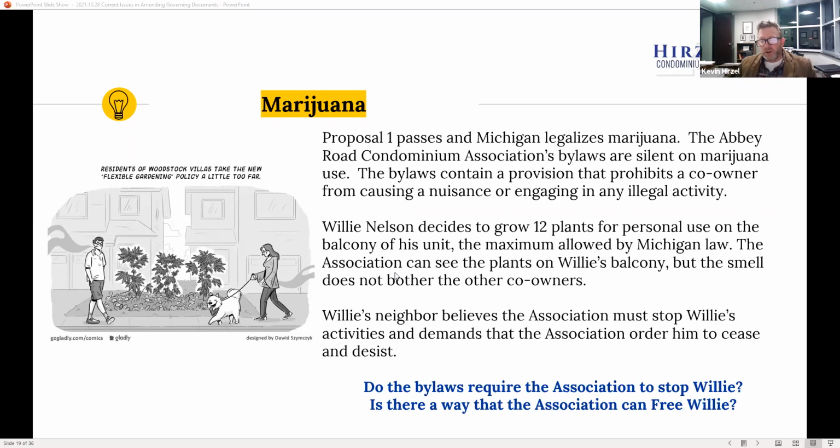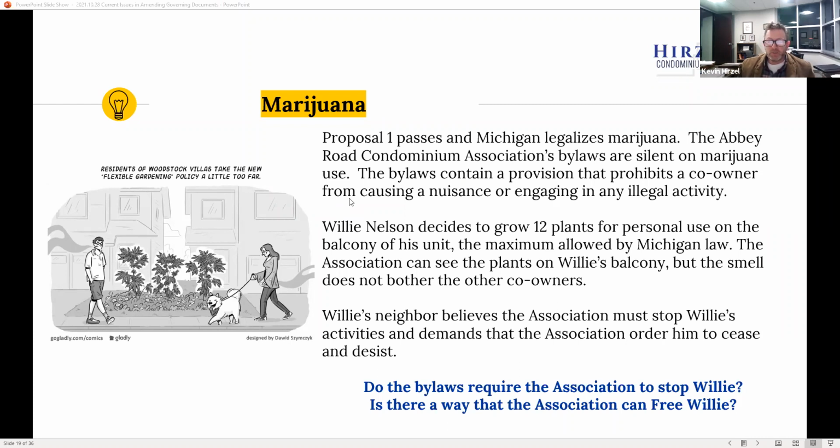The overarching question in this case is, if it is legal under Michigan law but illegal under federal law, can a neighbor of an individual who is acting in conformity with Michigan law try to force the association to get Willie, in our example, to cease and desist activity that's legal under Michigan law?